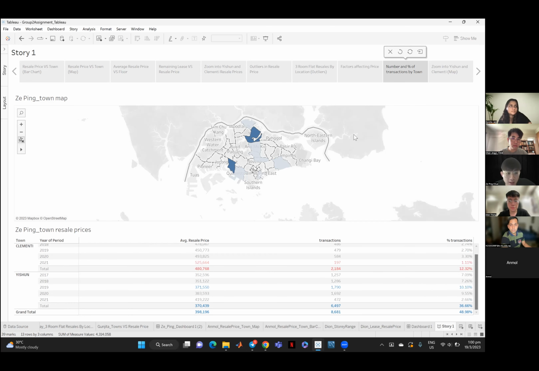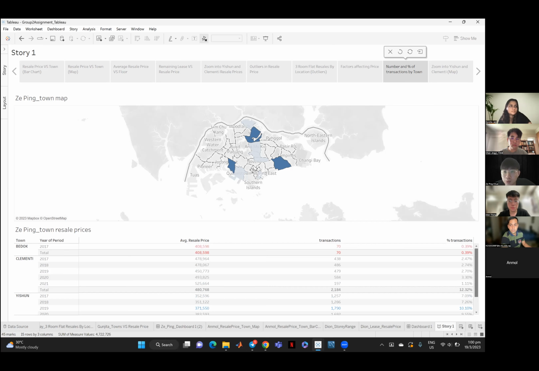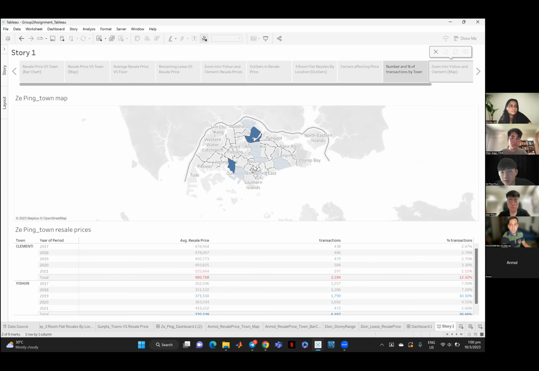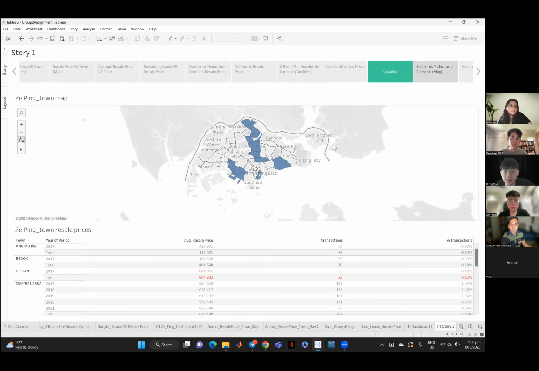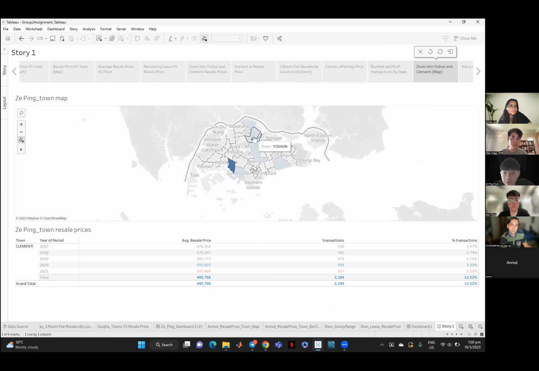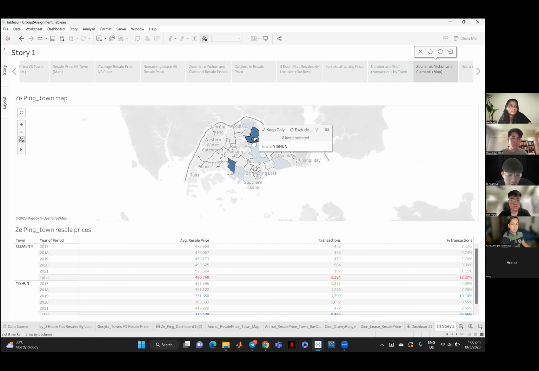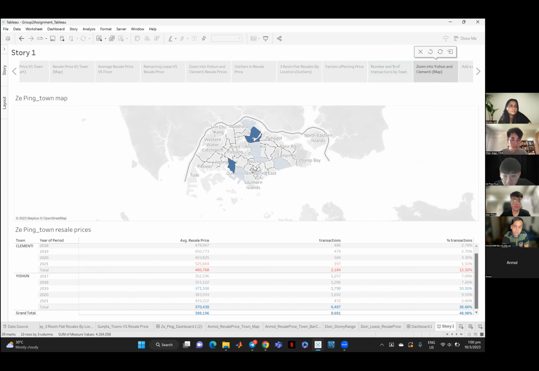So if we zoom in to the next visual, you can select more than one town as well. So if, for example, Clementi and Yishun are selected, then you can see for the past 5 years how many percent of transactions occurred in which town.